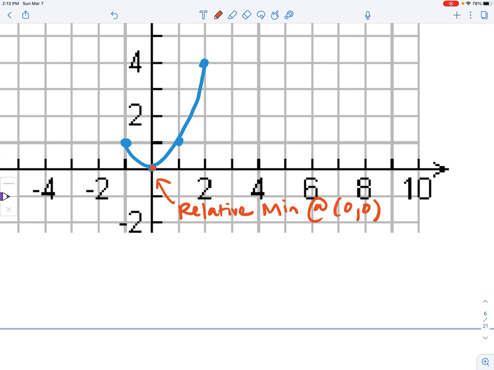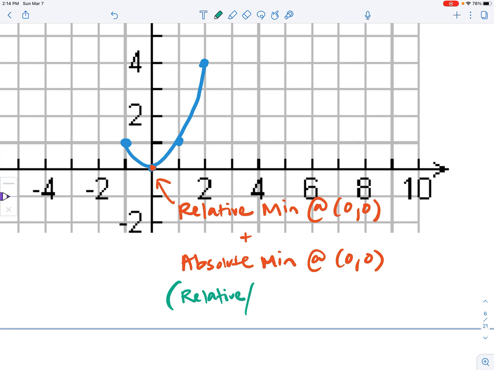So now let's talk about absolute extrema. And it looks like the absolute minimum also occurs at 0, 0. Okay. And the actual absolute minimum, which is also the relative minimum, is 0, right? It's the output, it's the y coordinate for the point. Here, I'll use a different color there.